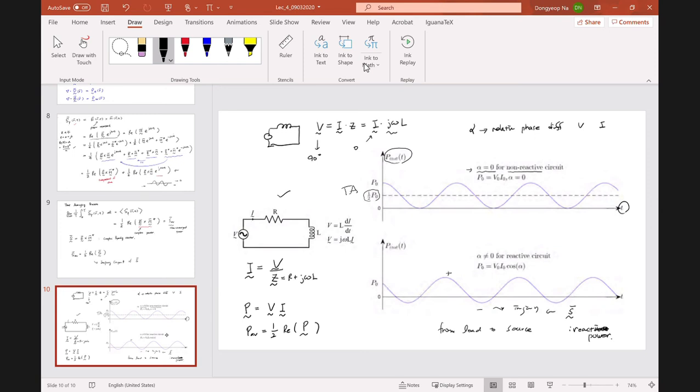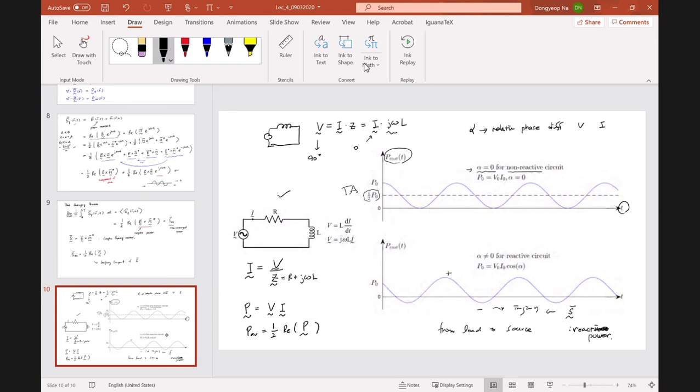But if alpha is non-zero, meaning we have a reactive component in the circuit, then voltage and current have a relative phase difference, and so we have negative power. Again, that power is flowing from load to source. Okay, thanks.